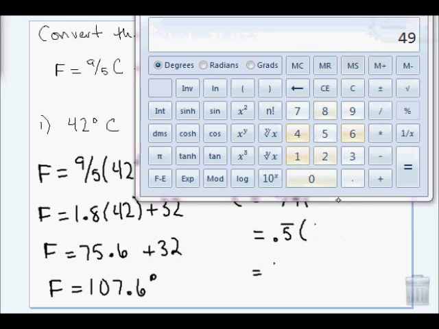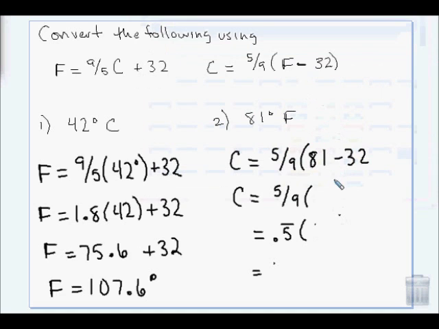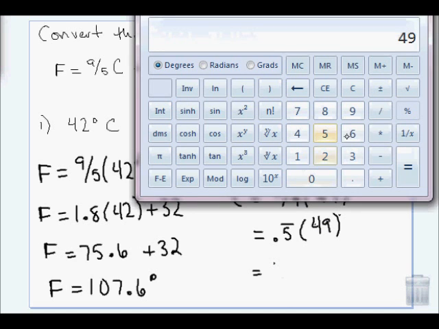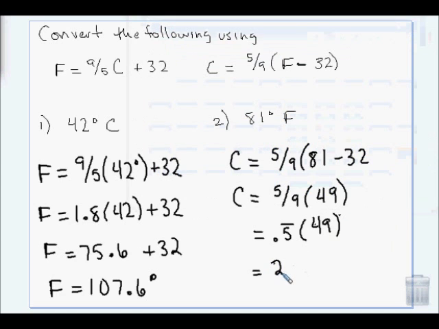Okay, so sign errors make a big difference, right? So that's minus 32, so that's 5/9 of 49. So it's 0.5 repeating times 49, which is, oh, you didn't do, okay. So times 0.5, 5, forever, whatever. So it's about 27.2 degrees Celsius.